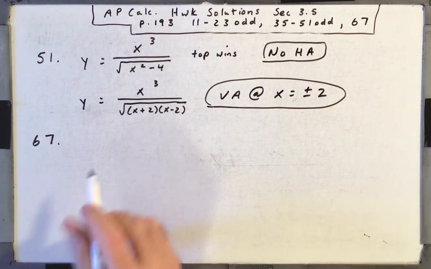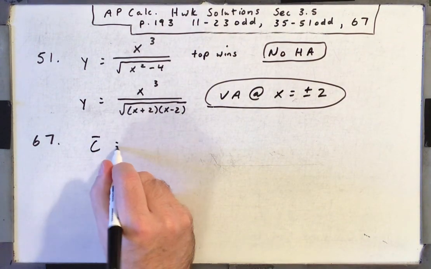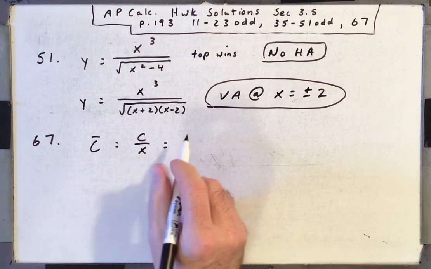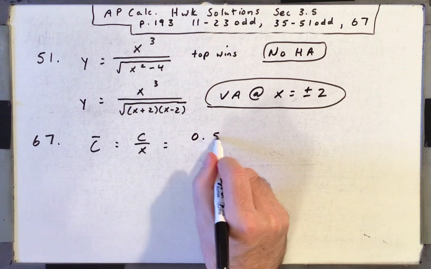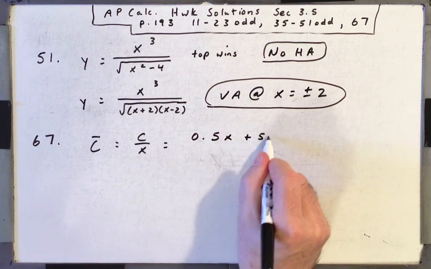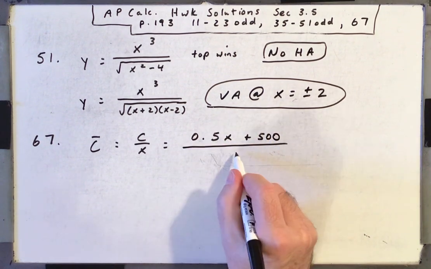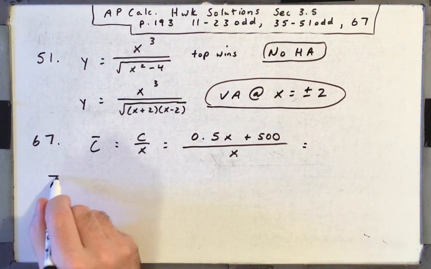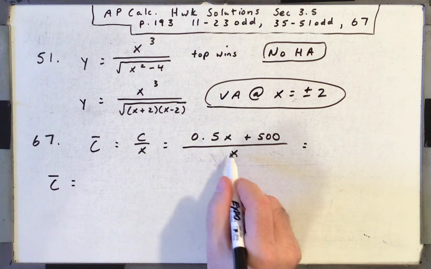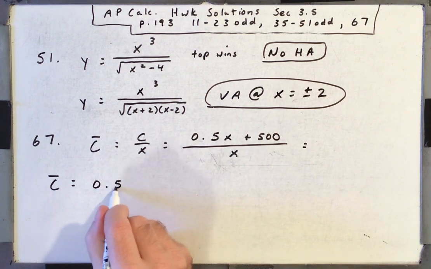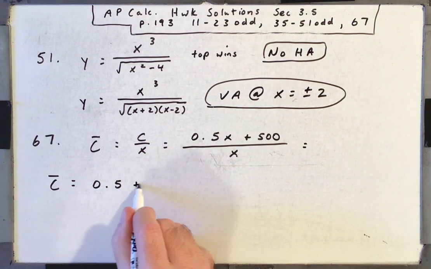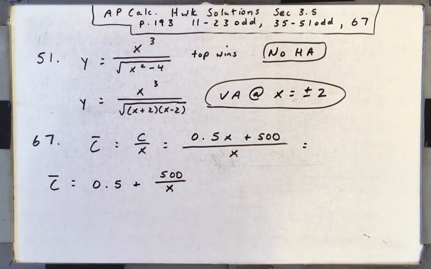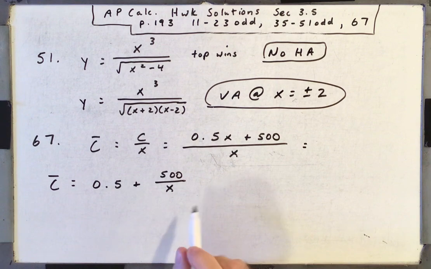So if C bar is equal to C over x, and we know that C is 0.5x plus 500 over x, if we divide x into each one of those, we know that C bar would be 0.5 plus 500 over x. Now, I'm not going to do 500x to the minus 1 because I don't have to take the derivative.